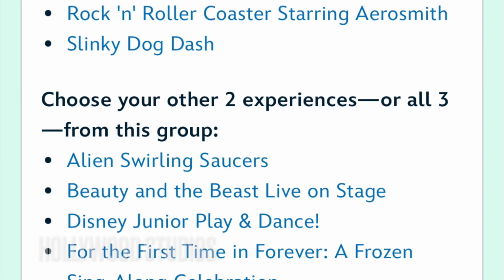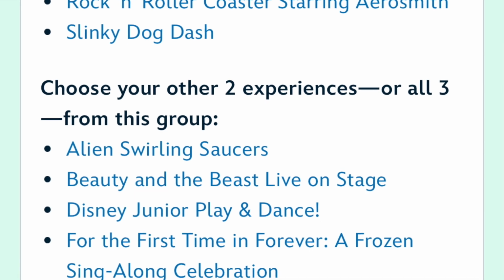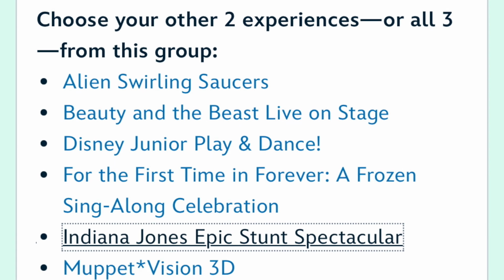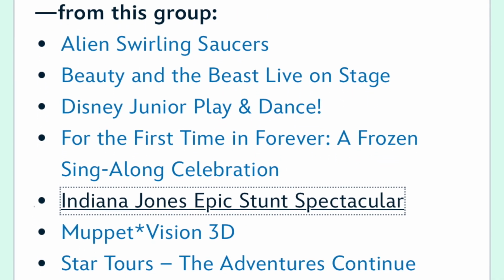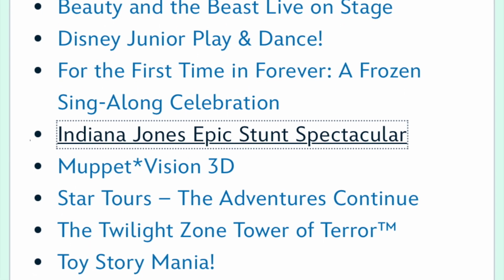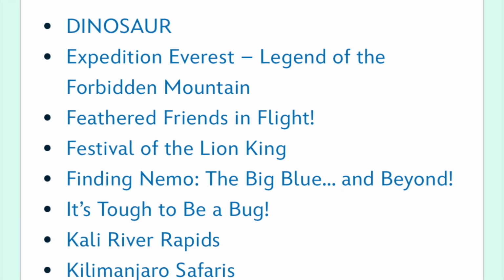You can find these attractions listed on the app or on disneyworld.com, so you can see what's available in each tier. The single lane experiences I'm not really showing right now, but they are extra. But these are the ones that are included in the multi-lane experience.